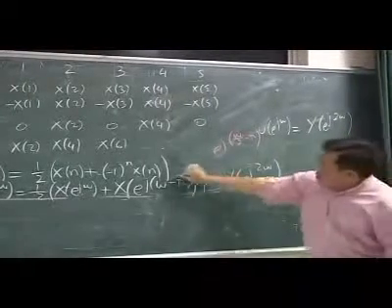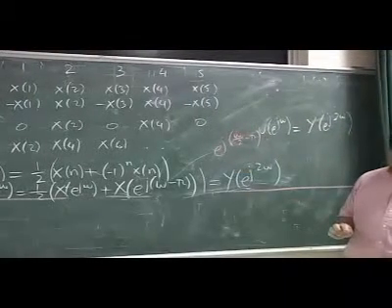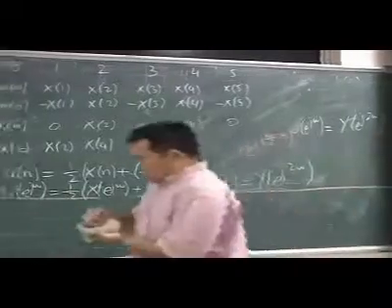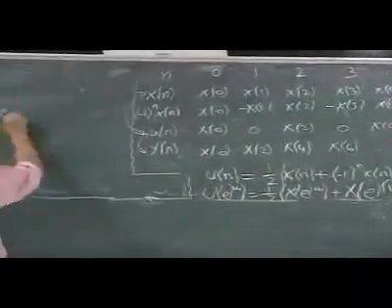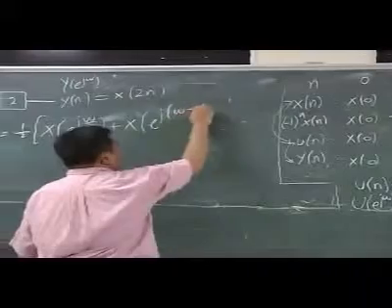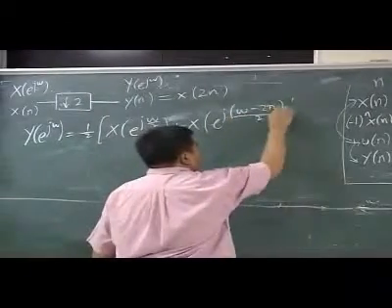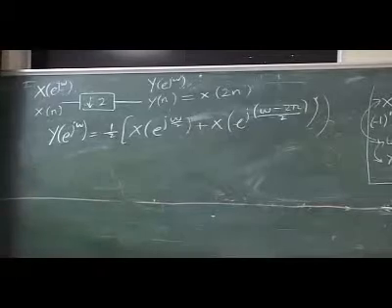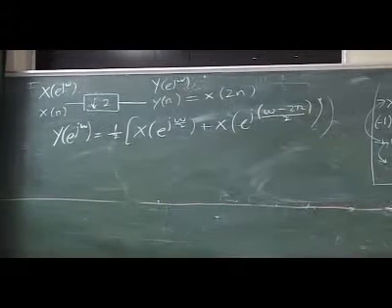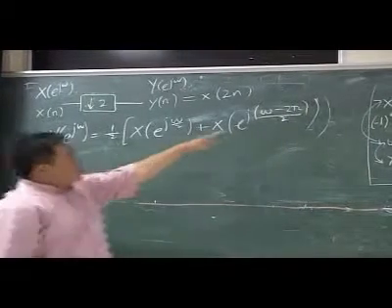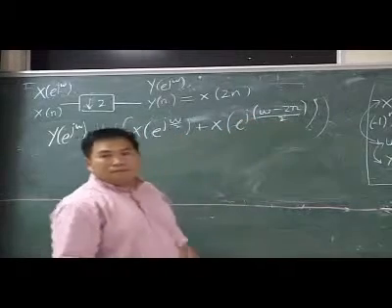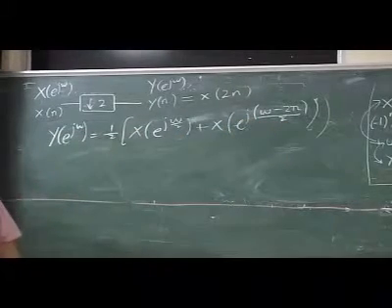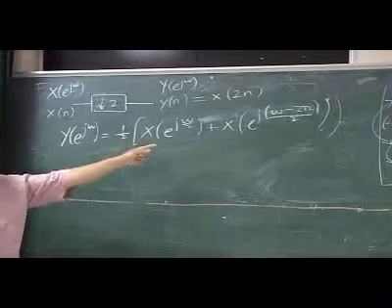Okay? Right there. Okay, rewrite this in a more useful way. E to the j omega minus 2 pi over 2. It's the same, right? Omega over 2 minus pi. Any question on this form? That's our final form.